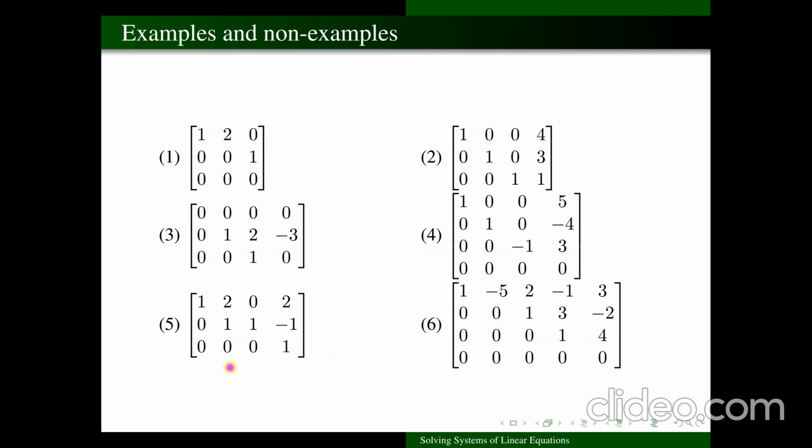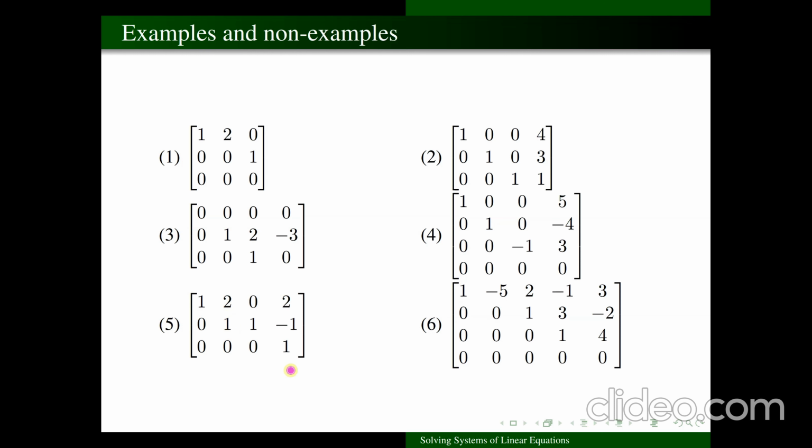Now look at the columns that contain a leading entry of some row. In row 2, we see that there's another entry that is non-zero other than the entry which is the leading entry of some row.